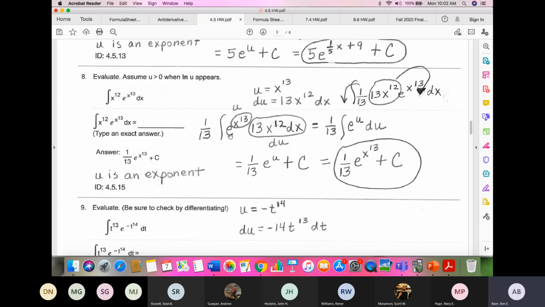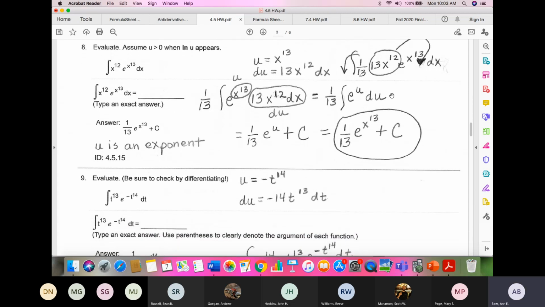This is e, that's a number. x to the 13th, which we have here, is just u. So we take out that x to the 13th, replace it by u, and we get e to the u. All of what's left is our du. So that's what we get. 1/13 the integral e to the u du. And now we can integrate.